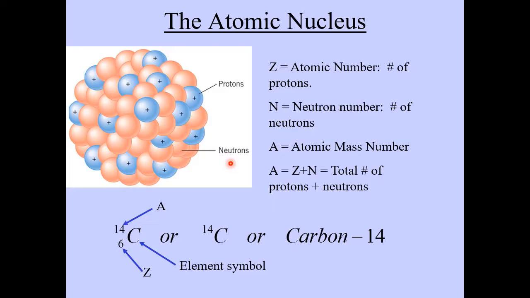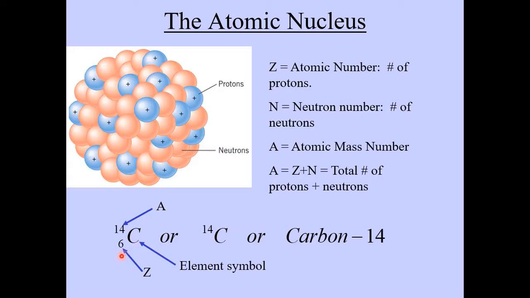Now, there's a little bit of notation that we're going to use in this chapter, and the nuclear notation goes as follows. The letter here, C, is the element symbol. In this case, C stands for carbon. The atomic number, which is, remember, Z, is put out in front and down below.